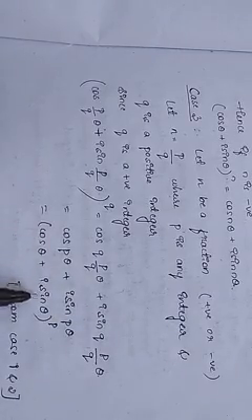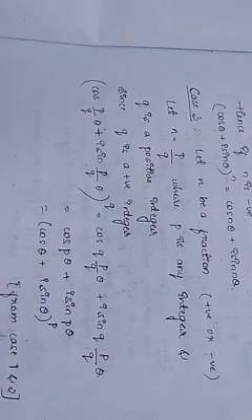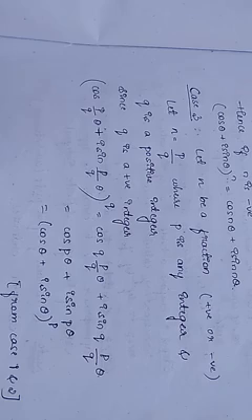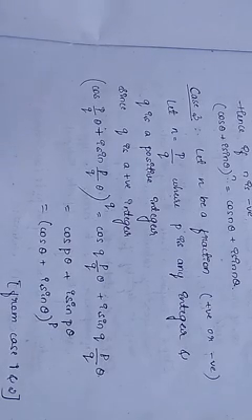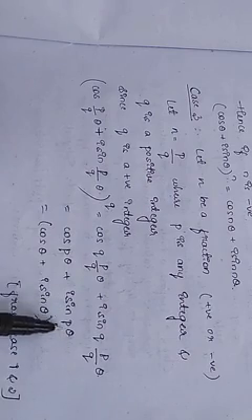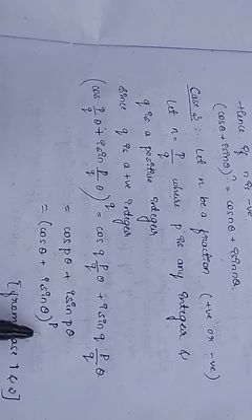So (cos theta plus i sin theta) to the power p. Case 1 and case 2 say that (cos theta plus i sin theta) to the power n is equal to cos n theta plus i sin n theta. So in the place of n we have p. So cos p theta plus i sin p theta is equal to (cos theta plus i sin theta) to the power p.